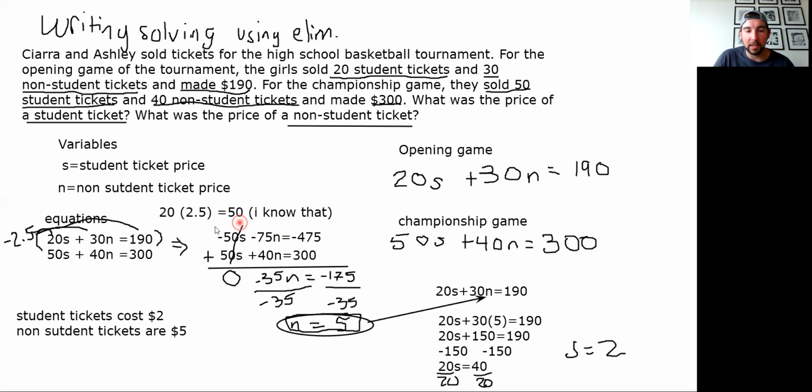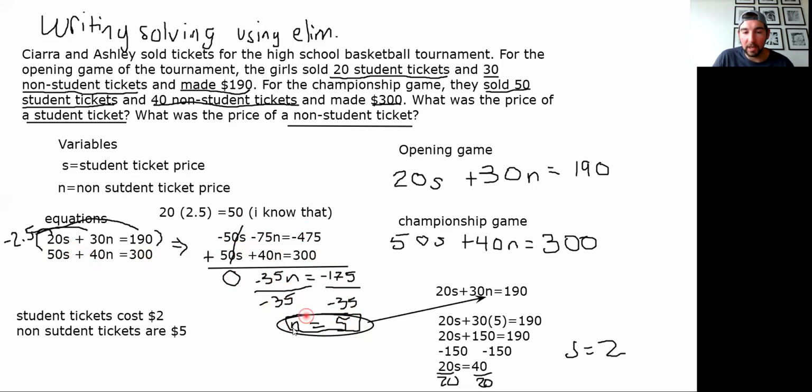And that gave me this equation right here. Please note I didn't change this bottom equation. All right, from there, I just added straight up and down. And I got this. Well, I can divide by negative 35 to get n by itself, and I found out that my non-student tickets are $5.